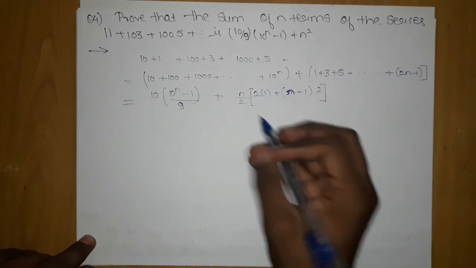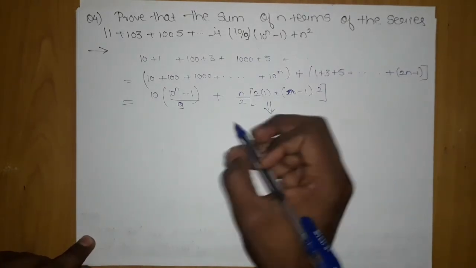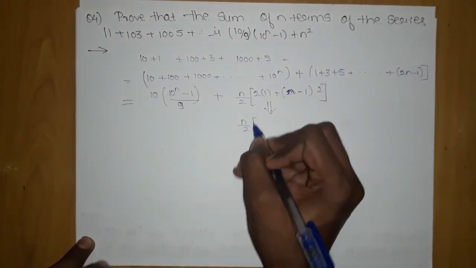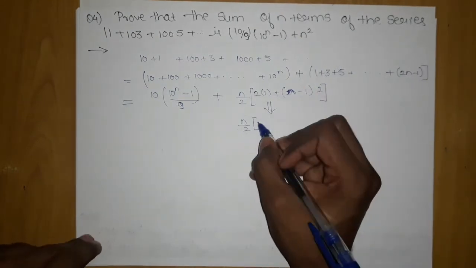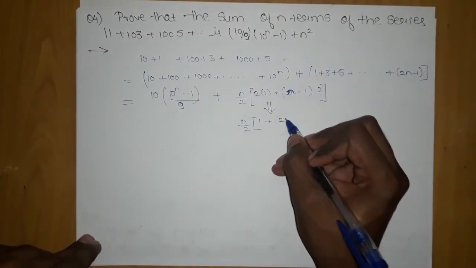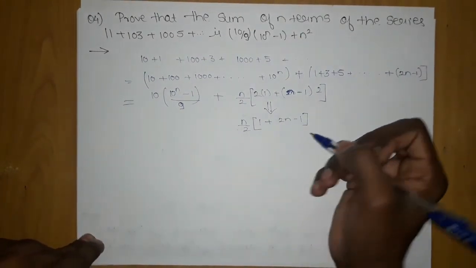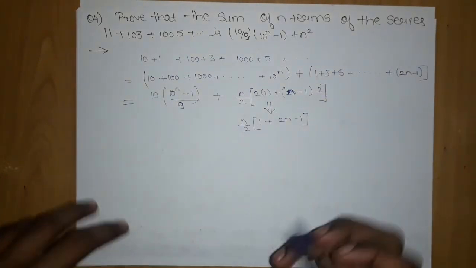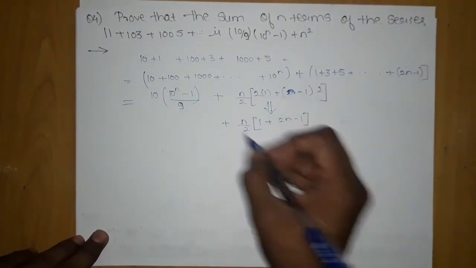But instead, you can use the other method, n by 2 into (first term plus last term), as we have used many times. First term I know, last term I know, 2n minus 1. Very simple, very easy.